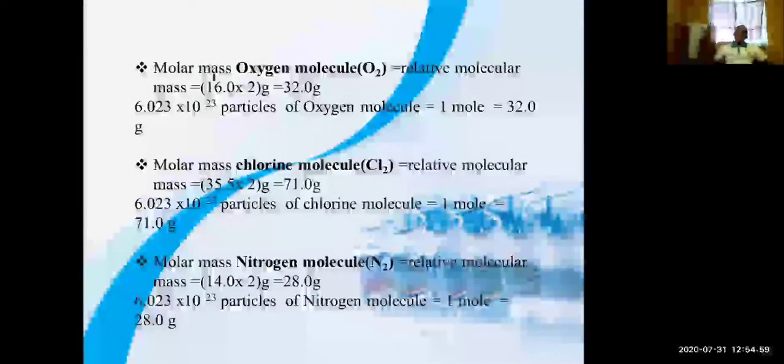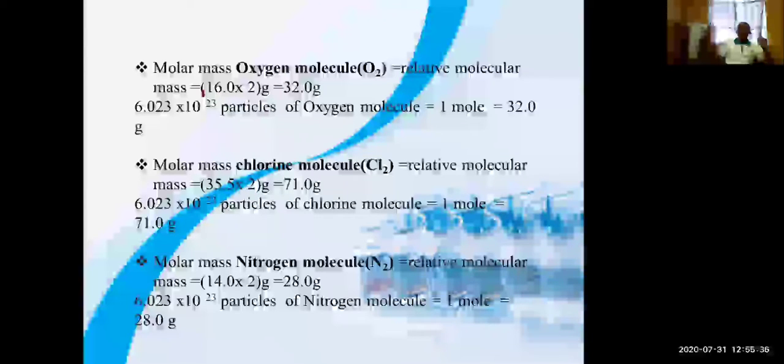So here, the molar mass, which is equivalent to relative molecular mass, of oxygen, because oxygen is diatomic, is equal to 16 multiplied by 2. Why? Because oxygen as a molecule has two atoms, and one atom of oxygen has a relative atomic mass of 16.